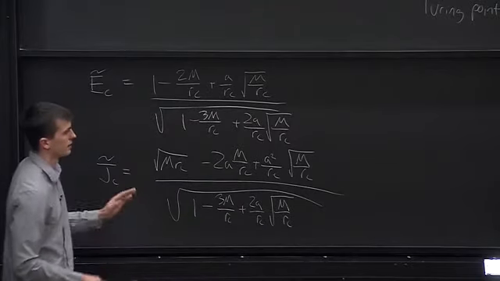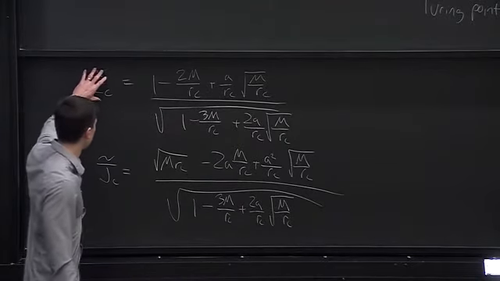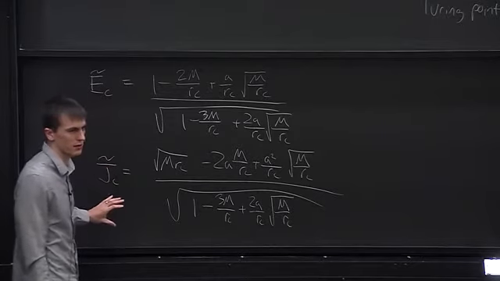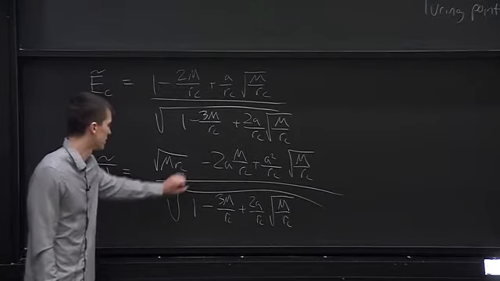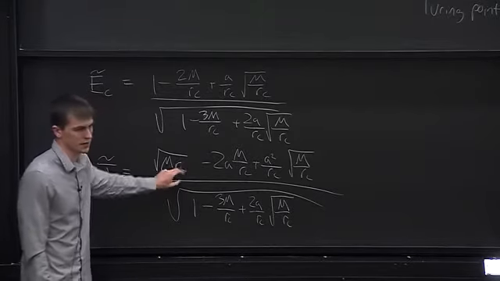So this is the expression for the energy and angular momentum of a circular orbit, just as a function of the radius of the circular orbit.